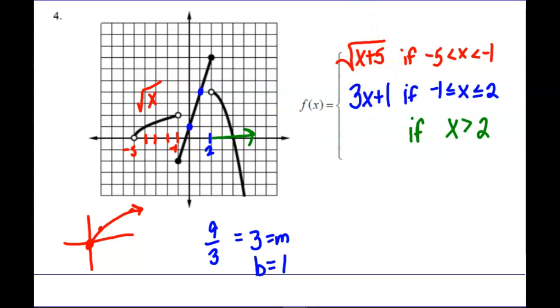All right. Green one. I think that's a piece of a parabola opening down, you think? So we need vertex form of a parabola. Okay, where's the vertex? Can we tell? I think the vertex is this open circle, which would be 2, 4.